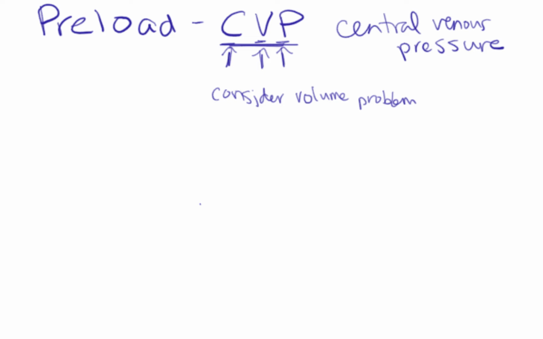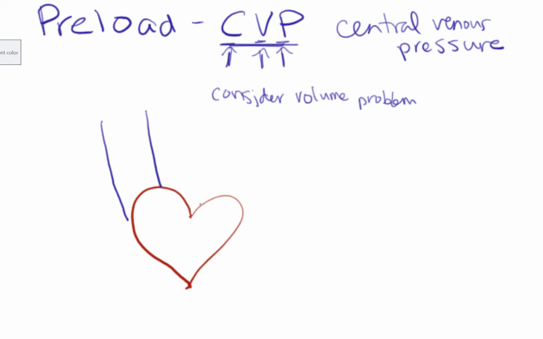So if someone has a catheter that can measure CVP, it's going to sit at the junction of their superior vena cava and their right atrium, or maybe a little bit above that in just the superior vena cava. So there's a heart. Here is your superior vena cava going into your right atrium, and the catheter is going to sit right about here.